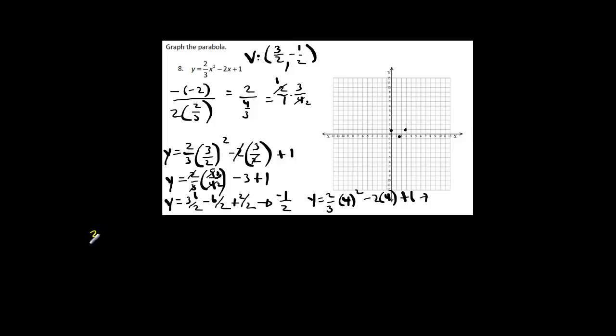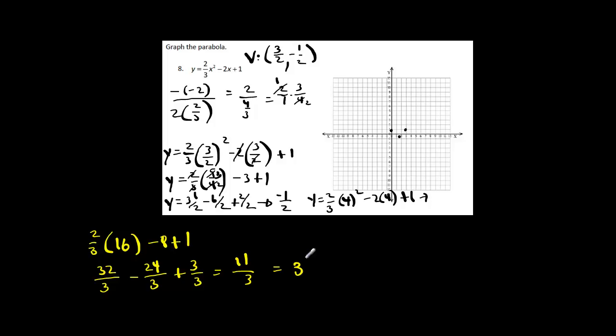So 2/3 times 16 minus 8 plus 1. 2/3 times 16 is 32/3. If I'm making these thirds, it's going to be 24/3 plus 3/3. So 32 plus 3 is 35. 35 minus 24 is 11. So that's 3 2/3.